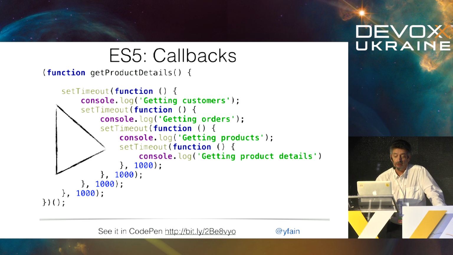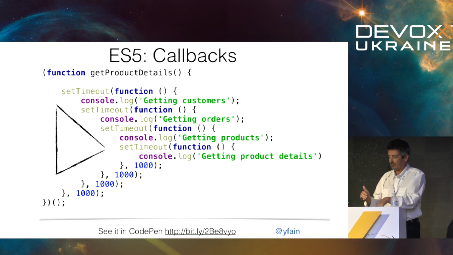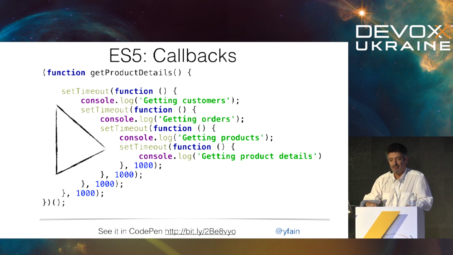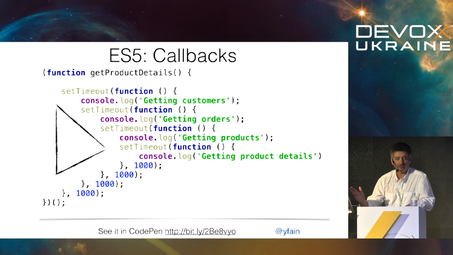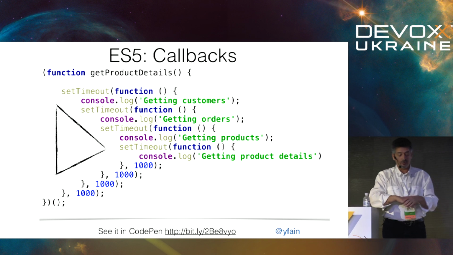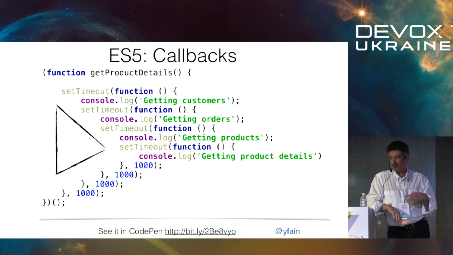Anyway, callbacks. I told you about the mechanism behind this setTimeout, but syntax-wise, it was really ugly. I mean, it's very hard to read code that looks like this. In this example, I am using setTimeout just to emulate some long request to the server.